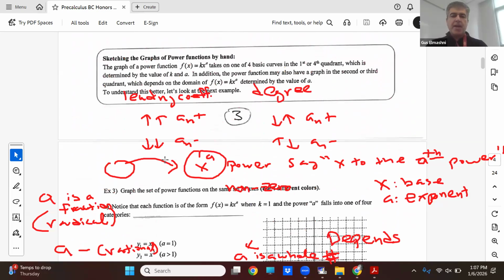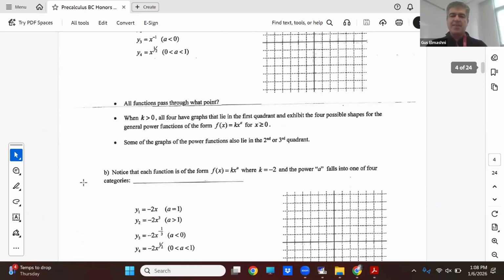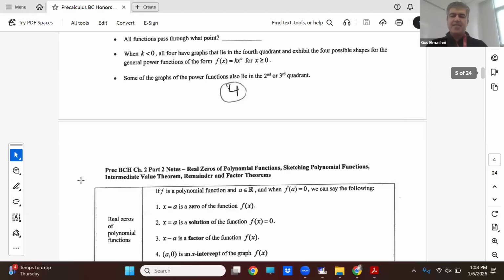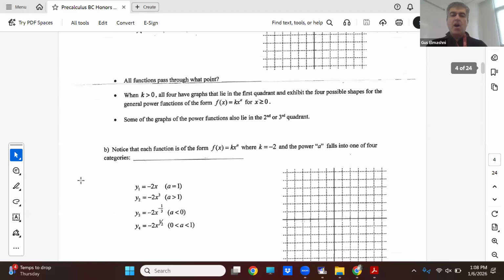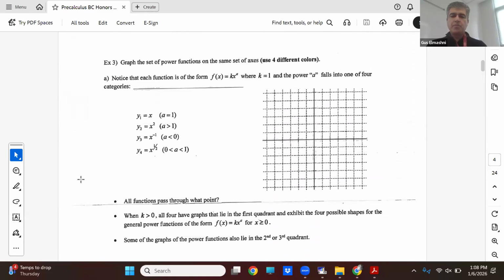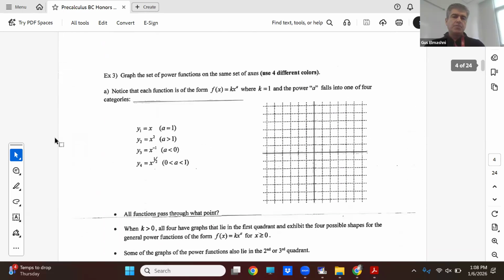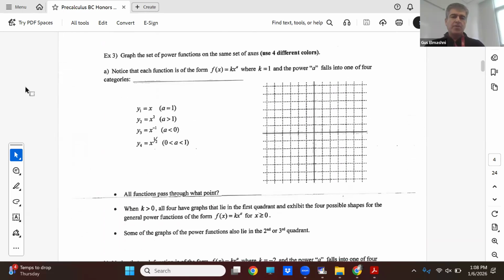Sketching the graphs of power functions by hand. Oh, these are fun. I'll do part A, and you do part B for homework or whenever you get a chance. We're going to draw each of these scenarios here.